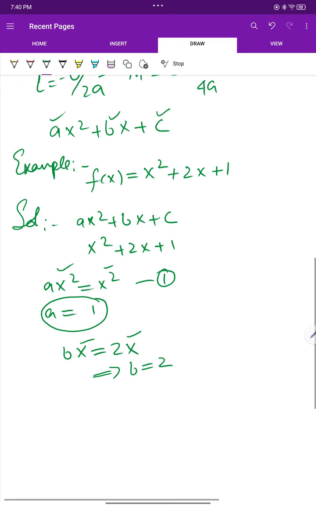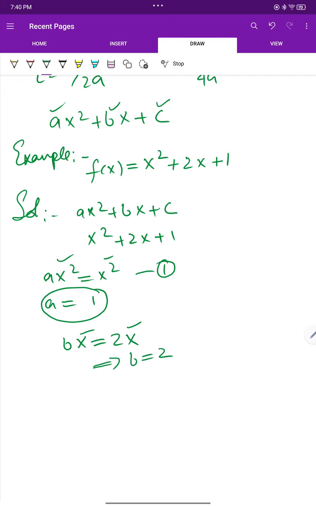So we got the b value, and comparing, c is equal to 1.